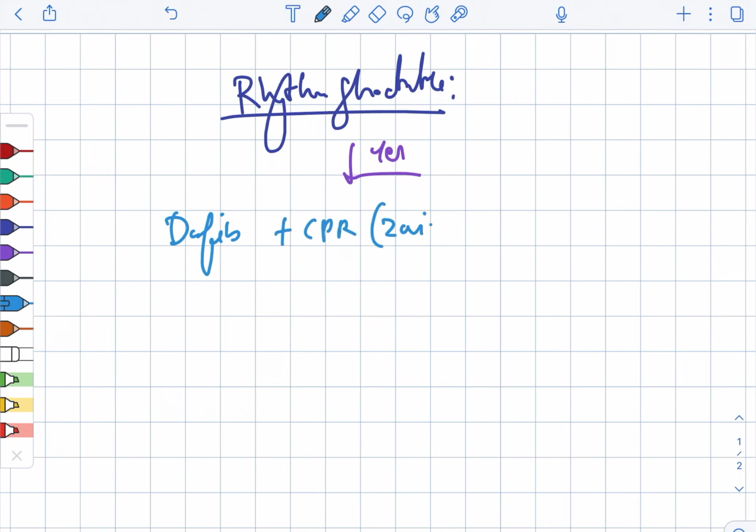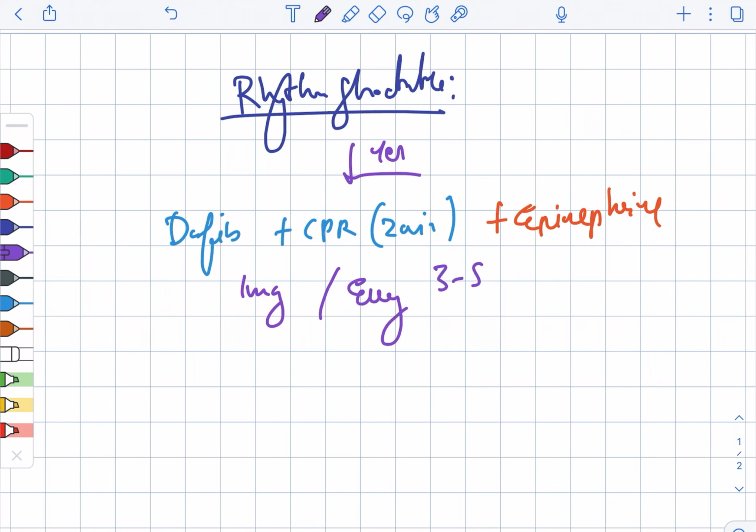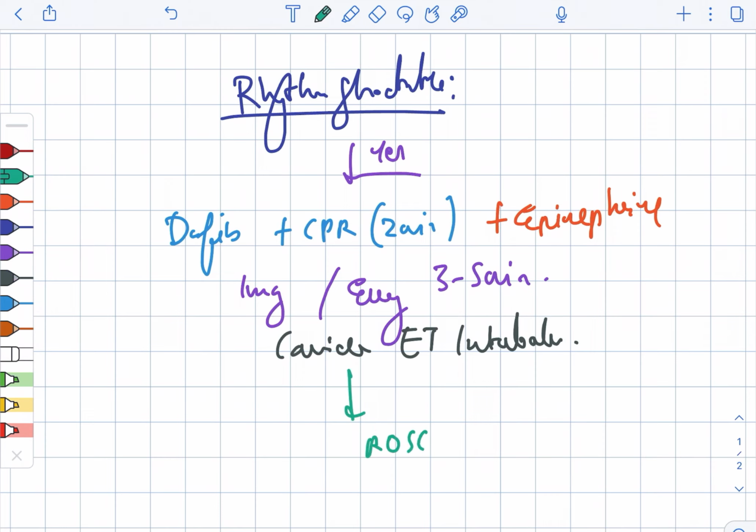CPR is done for 2 minutes, and then there is also administration of epinephrine, and the dosage of epinephrine is 1 mg every 3 to 5 minutes. ET intubation is also considered. Now again, this can lead to ROSC, that is return of spontaneous circulation. In case yes, we again go to the post cardiac arrest care.